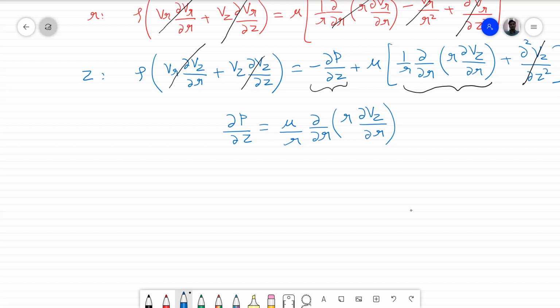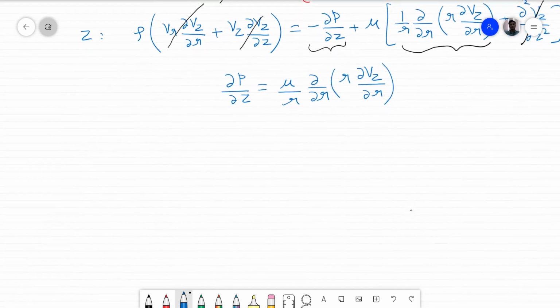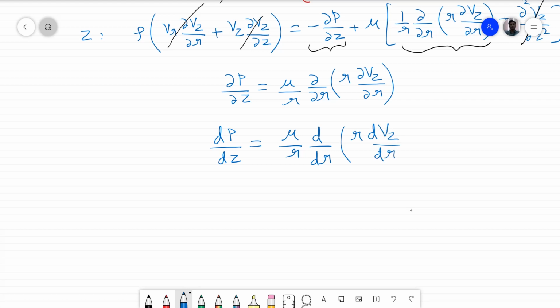Now we already know that pressure is only a function of z and velocity Vz is only a function of r. Therefore we can write them as total derivatives. We can say dp by dz is equal to mu by r d/dr of r dVz/dr.